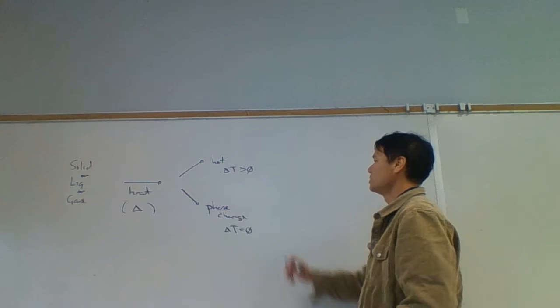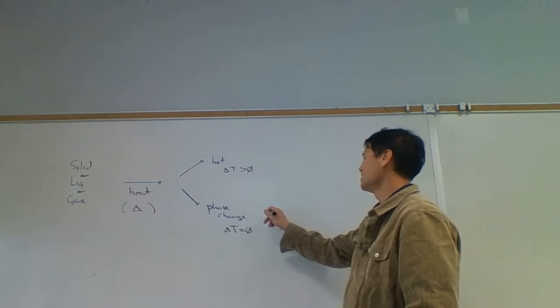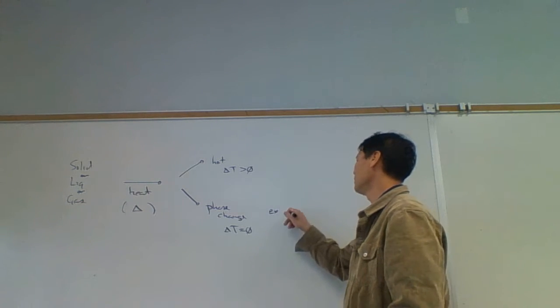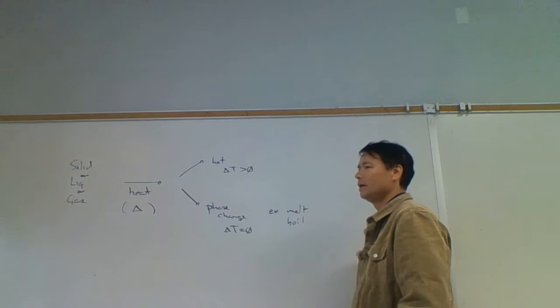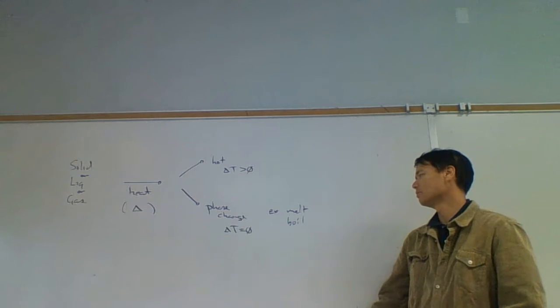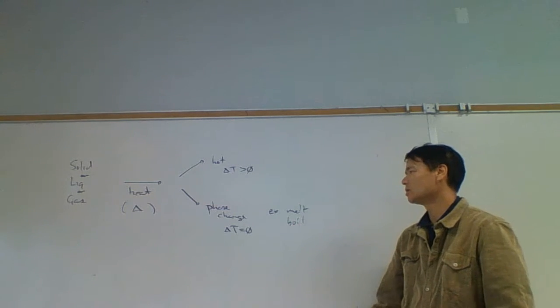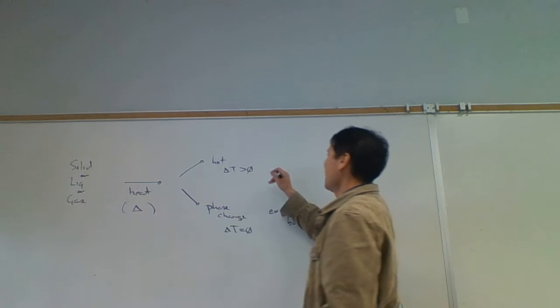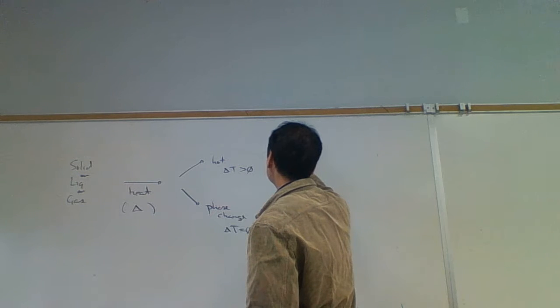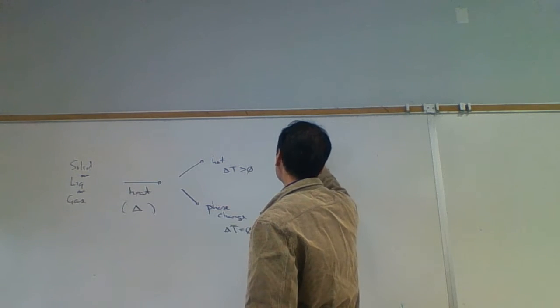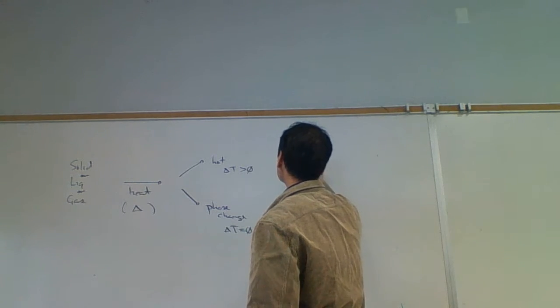That would be a phase change. A solid would melt, a liquid would boil, a gas could go into plasma, but we're not going to talk about that. If the object gets hot, then a hot solid or a hot liquid results.